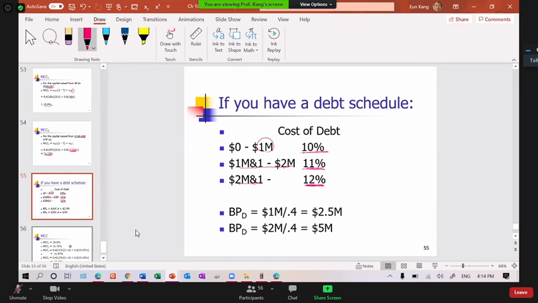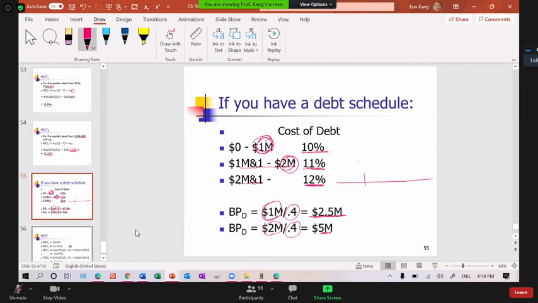That is, up to $1 million the low cost of debt applies, and the capital structure weight is 0.4, right? Then 1 million divided by 0.4 is 2.5 million. The second breakpoint is 2 million divided by the capital structure weight, which gives 5 million. So it's like this.